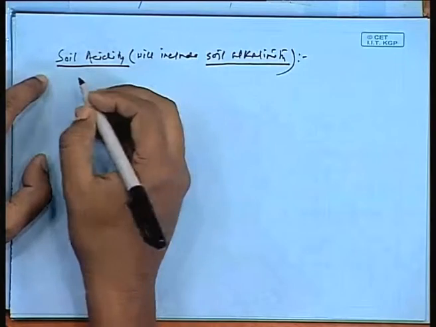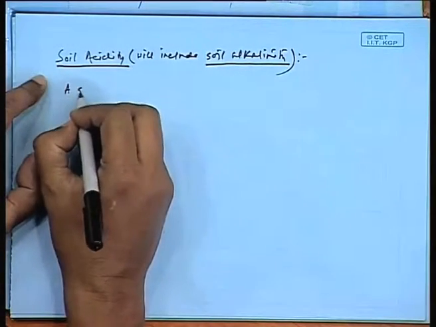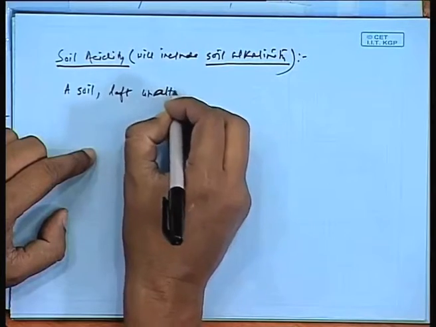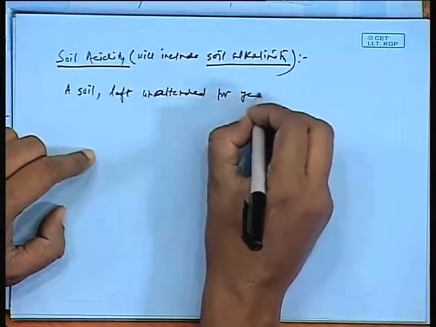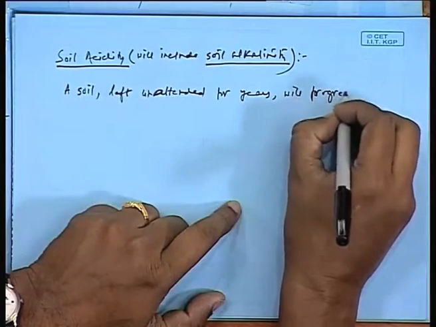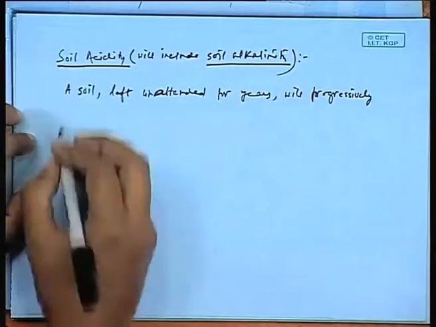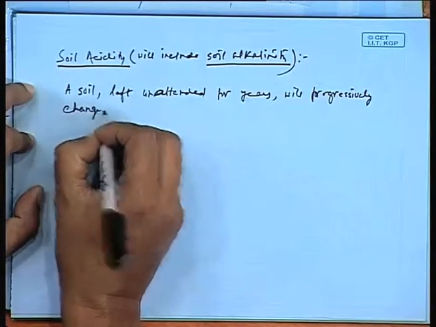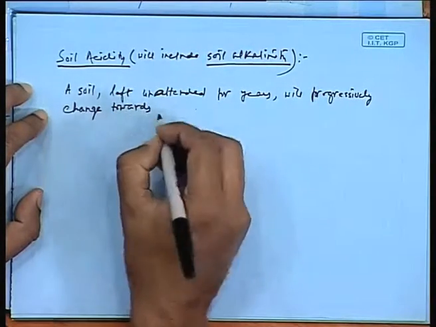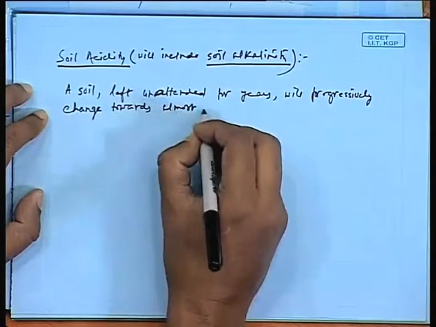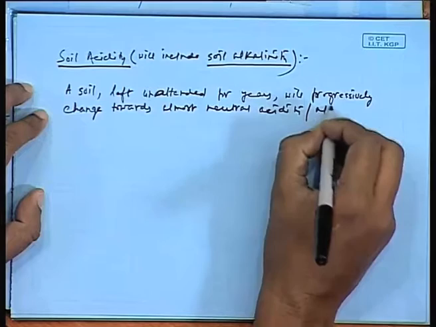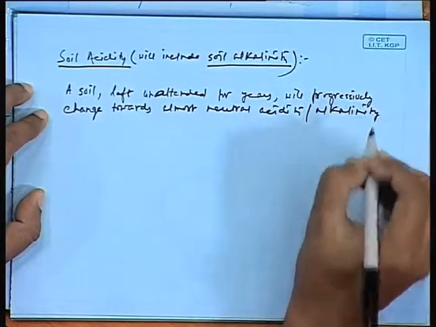Now generally, as you know, a soil left unattended for years will progressively change towards almost neutral acidity or alkalinity, right?